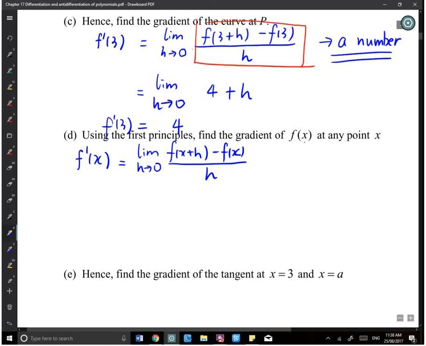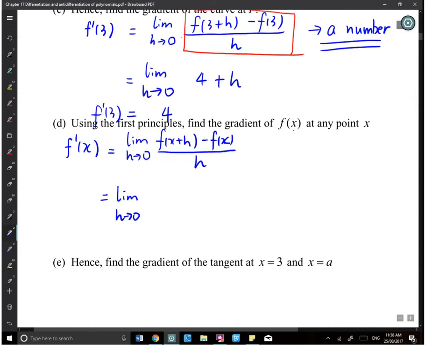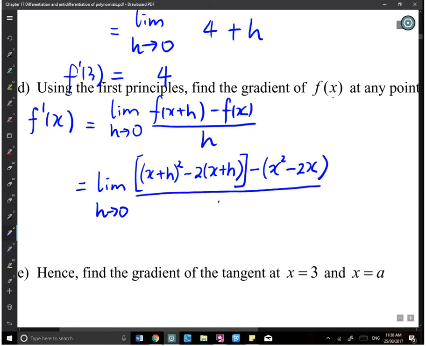For example, in this case, f(x) is x squared minus 2x. So it becomes (x plus h) squared minus 2(x plus h) minus f(x), where f(x) is x squared minus 2x, over h.